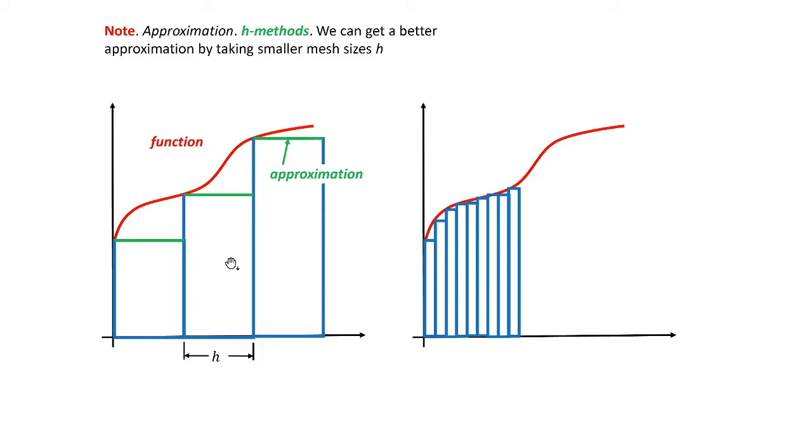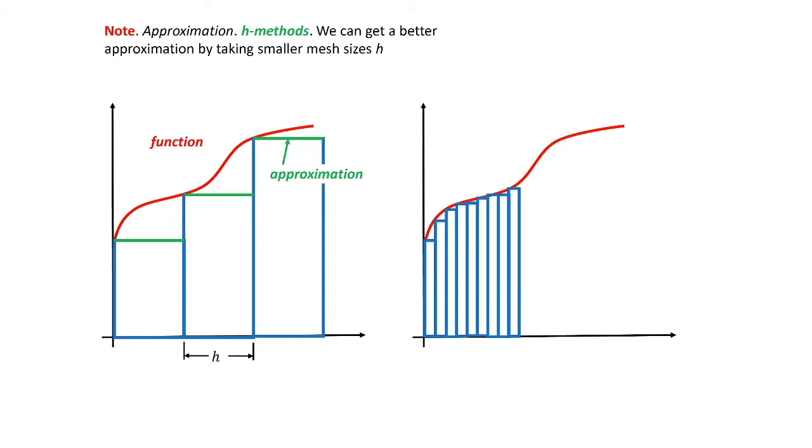If that's the derivative, I can digitalize it and do base times height under it, and I can get an approximation. Or I can use a lot of rectangles, and you see how I get a better approximation, a better digitalized version of this. So I can get more accurate by taking a smaller mesh size. That's one approach.